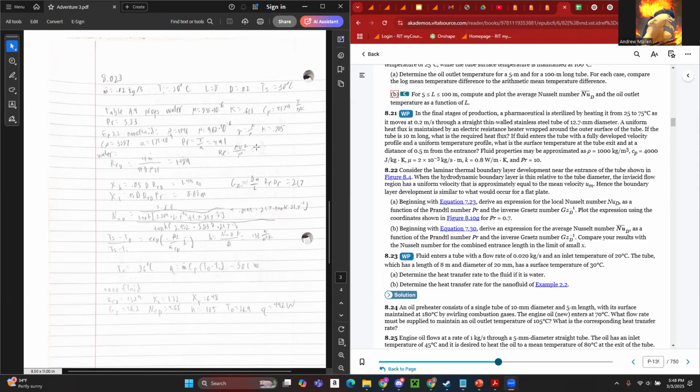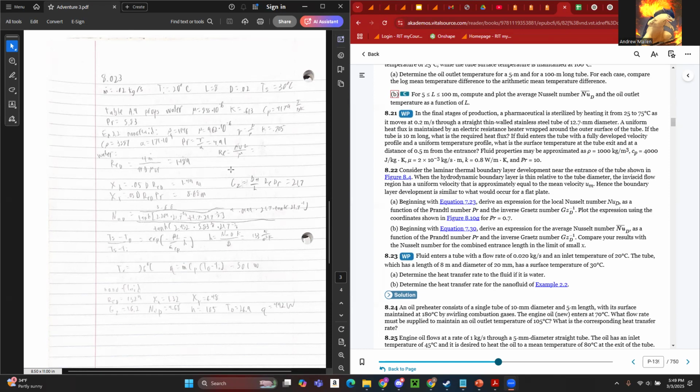That can be fixed to having a mass flow rate using this equation, which is equal to 4 times the mass flow rate over pi d times the dynamic viscosity, which gives us a Reynolds number of 1489, meaning that the water is fairly laminar through this pipe.